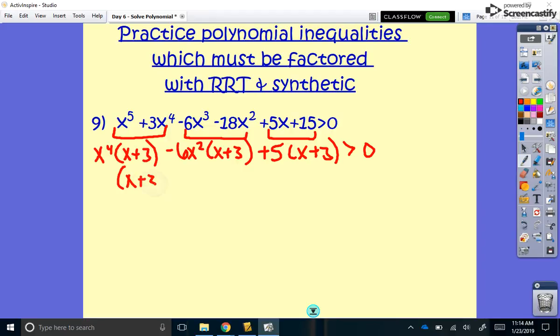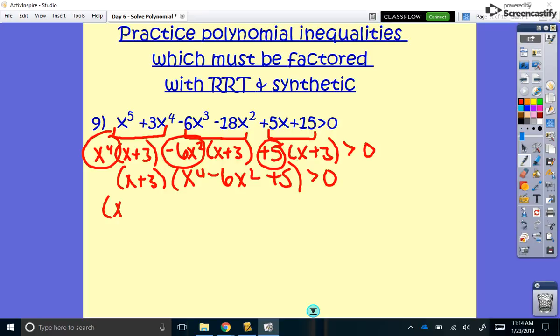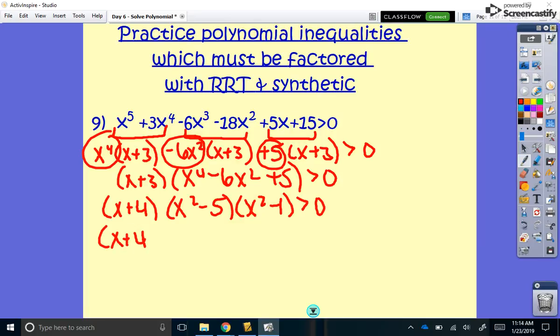So if I take out the GCF of x plus 3, what I have left is x to the 4th minus 6x squared plus 5. This is all greater than 0. Then I can factor that as x squared minus 5, x squared minus 1. X squared minus 1 is the difference of 2 squares. So this sign chart is going to be very long.